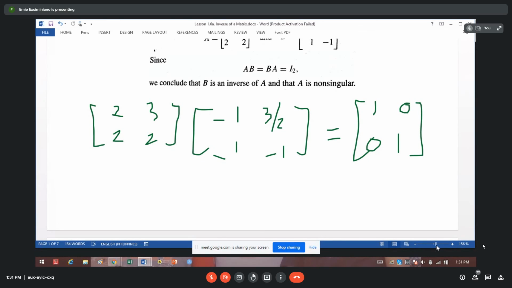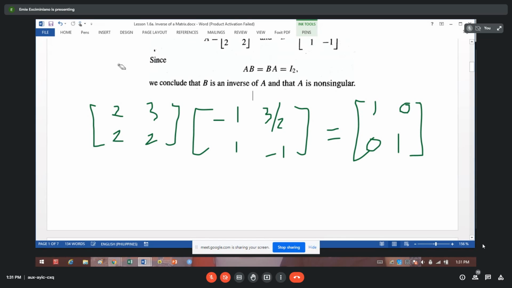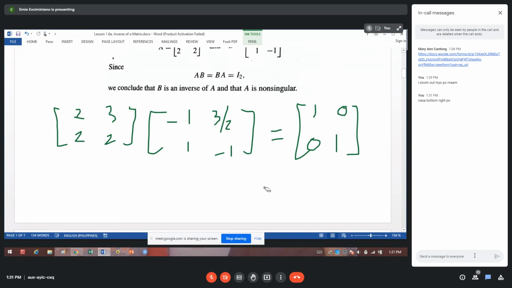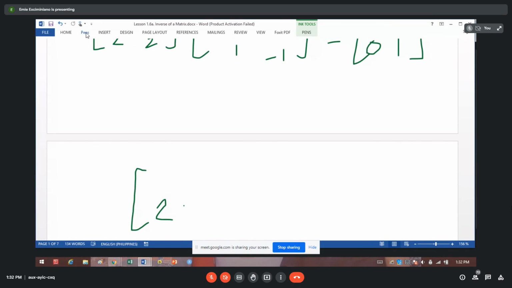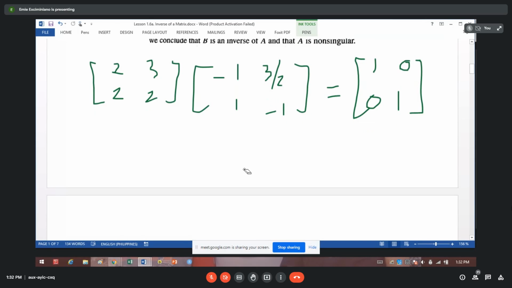Kasi usually, gusto ko kalkulado ko, gusto ko yung width ng screen ang na-occupy. Yun, nagpapalusot pa ako. Thank you. Okay na po ba, Sir Mark? Ayaw na sumagot si Mark. Umalis na yata. Okay. So, delete ko to ah. Did you get this part? Okay, okay. Thank you.